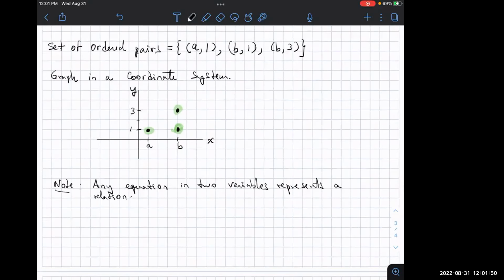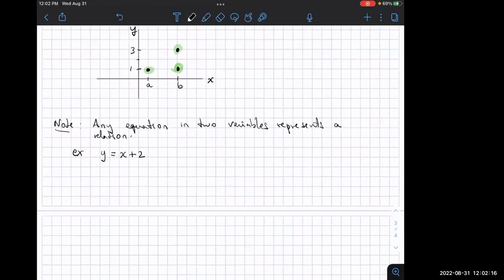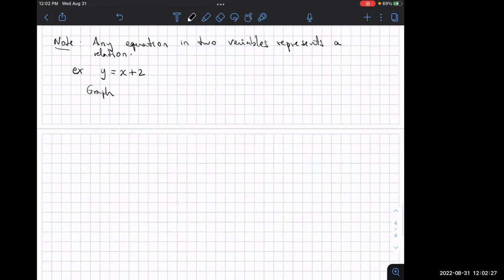Okay, so for example, now I guess the advantage or disadvantage is that you have an expression, you have an equation, and then you can generate the points. So example, y equals x plus 2. That's an equation in 2 variables. And that represents a relation because when you graph this, do we know what is the graph of an equation of the form y equals x plus 2?